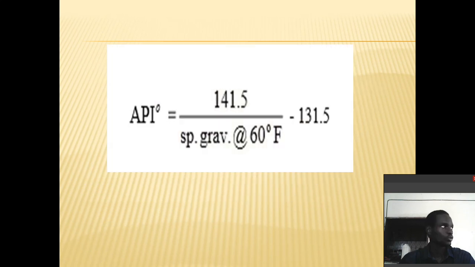So this is the illustration I've provided here for API gravity, and it gives a direct relationship between API gravity and specific gravity of any crude oil at 60 degrees Fahrenheit. From here we can directly calculate the API gravity of crude oil.